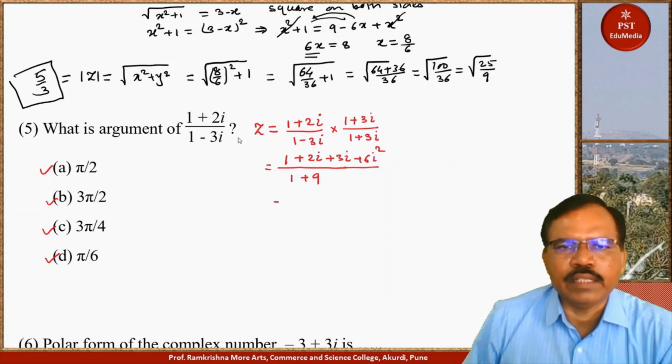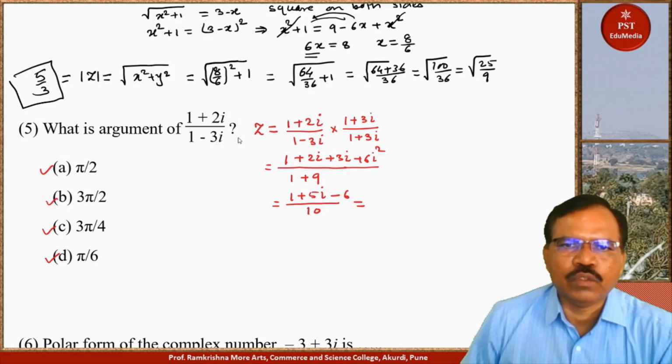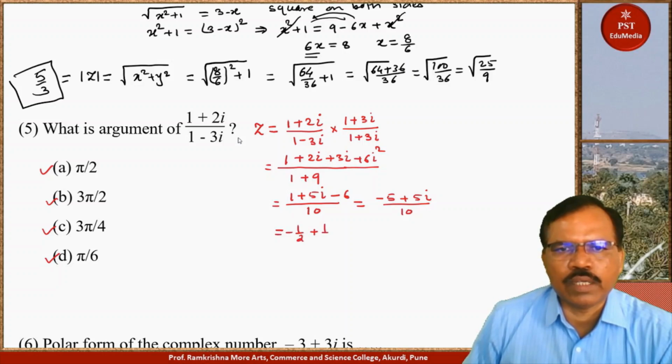So you will get here divide by 10. Now 1 plus 5i minus 6, because i square is minus 1. So you will get here (minus 5 plus 5i) divided by 10. So we will get this as minus 1 half plus 1 half i.